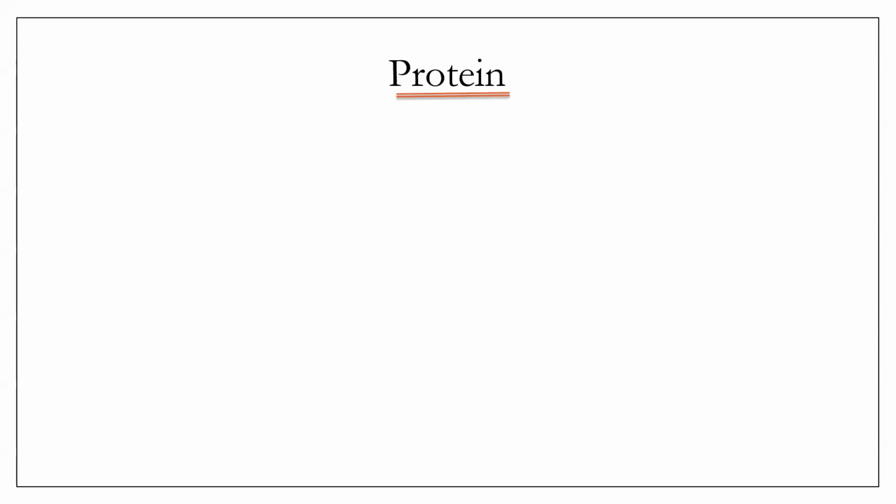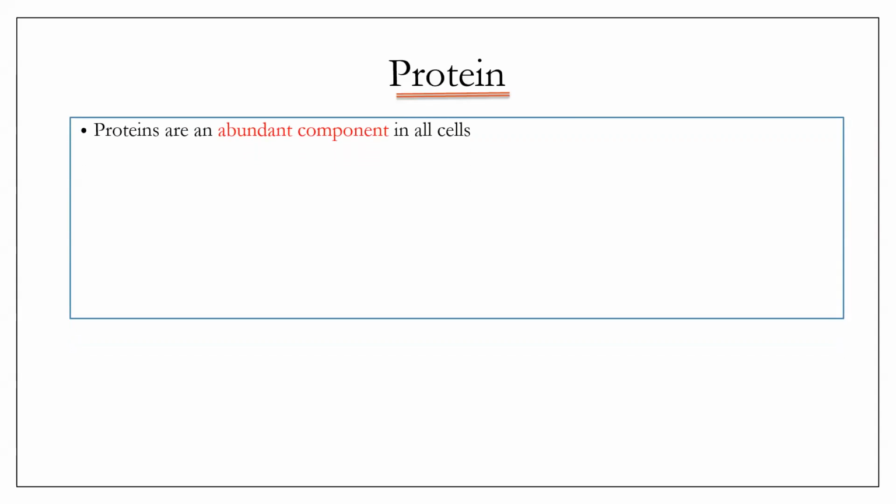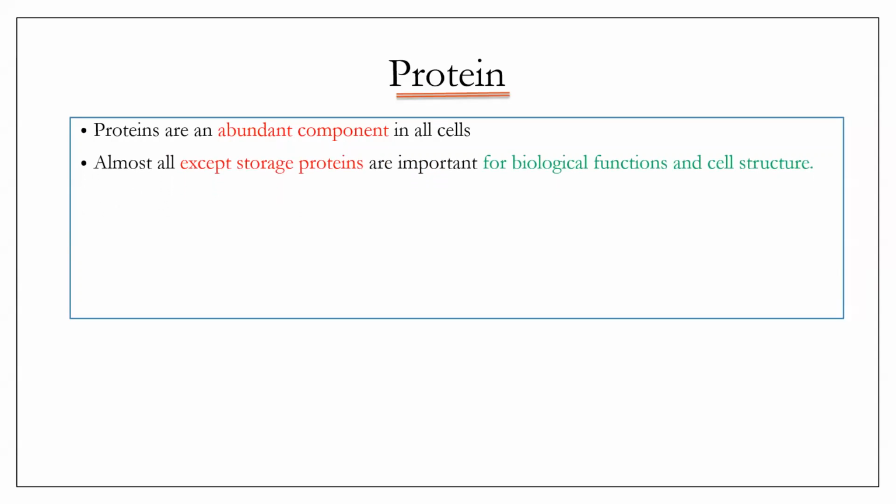So many of you have mentioned that it is a polymeric unit, and the basic monomeric unit of this polymer is the amino acids. Now, if I combine all those things which you have mentioned, I can say that proteins are the abundant components in a cell, except storage proteins.